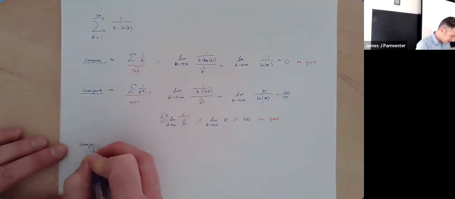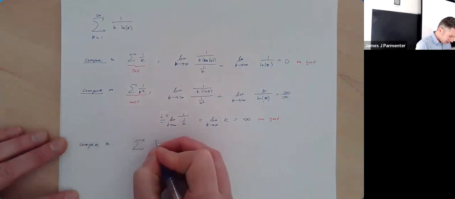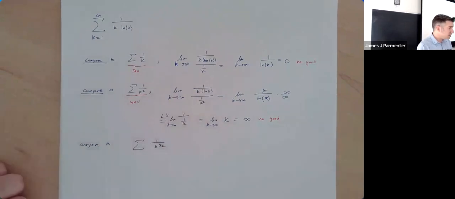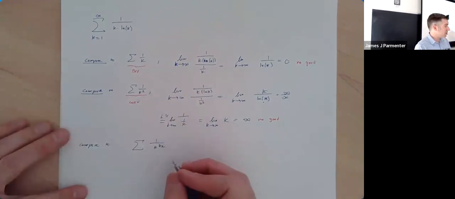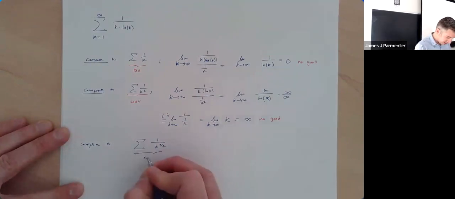I might compare it to 1 over k to the 3/2, kind of splitting the difference. And if I try that, which will still be shooting for convergence, right? Because that is a convergent series.